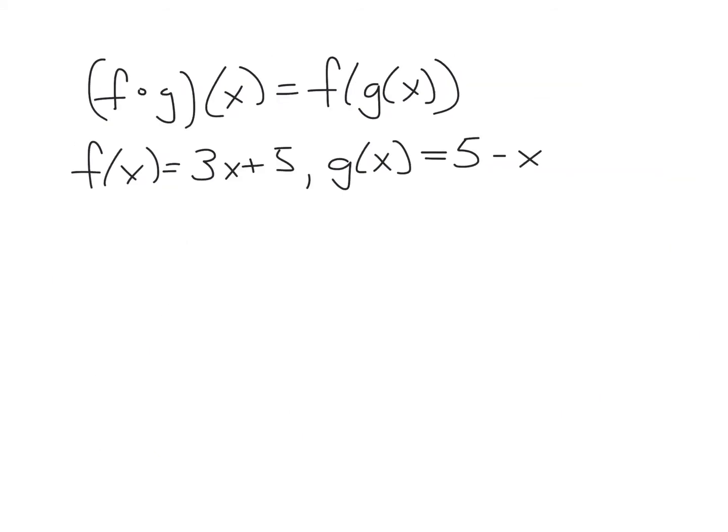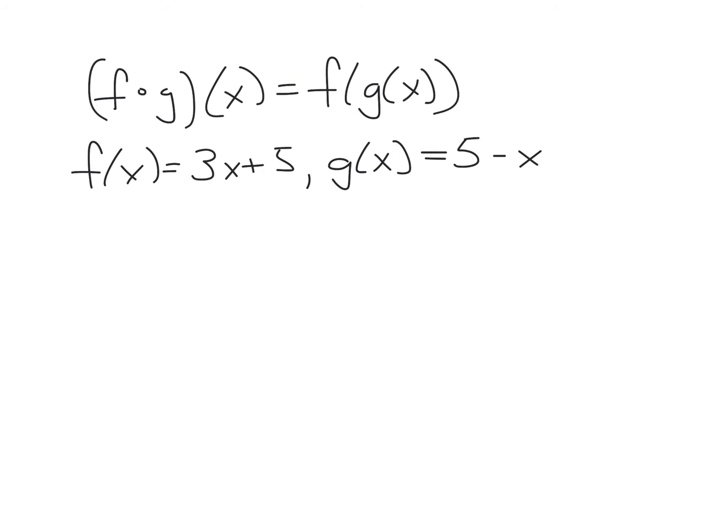Now we're going to work with a composition of two functions. So we have here, if you see f of g of x, it's the same thing as writing f of g of x. These both mean the same thing. And what we do is we work right to left when solving these. Okay, so we have g of x. Whatever the g of x function is, you plug into the f of x function.